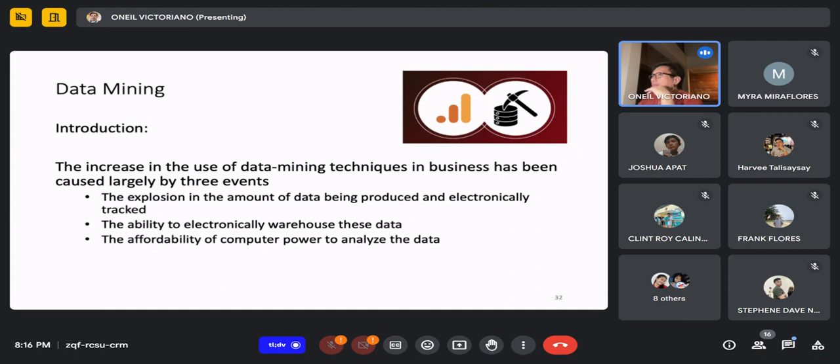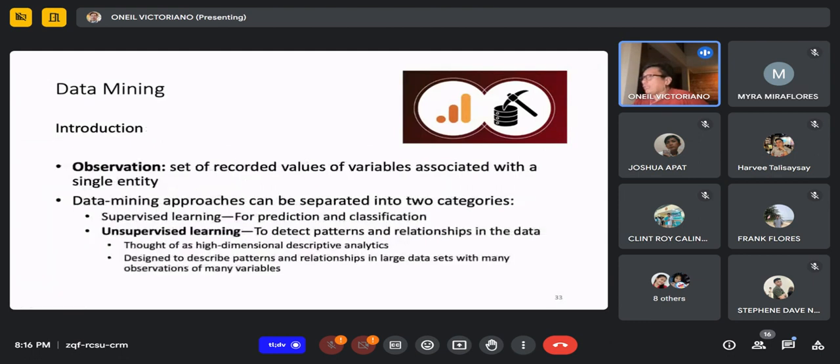The idea of data mining is to be able to mine data, because of three main events: the explosion of the amount of data, which is big data, the ability to electronically warehouse this data, and the affordability of computer power to analyze this huge data.